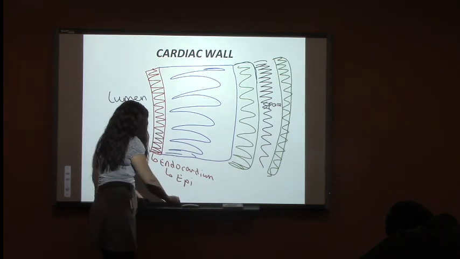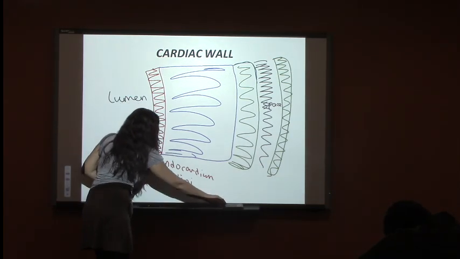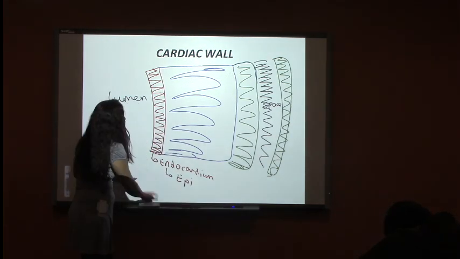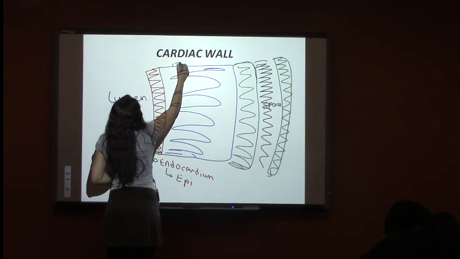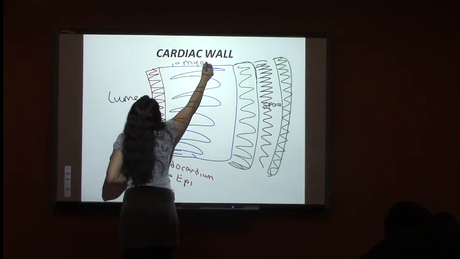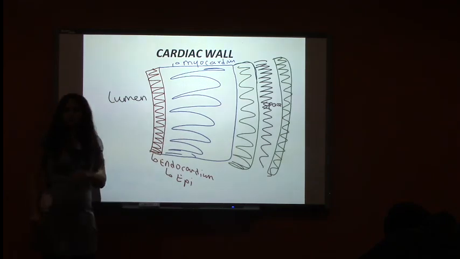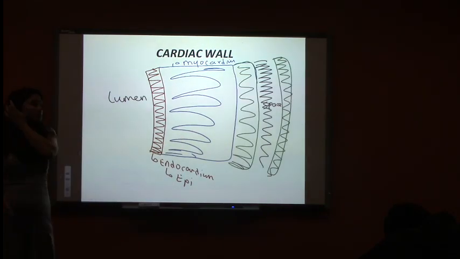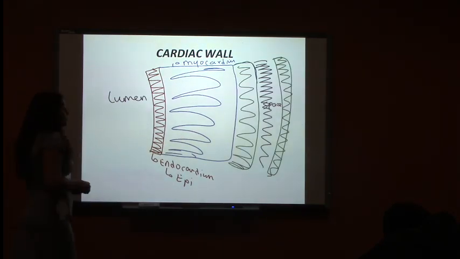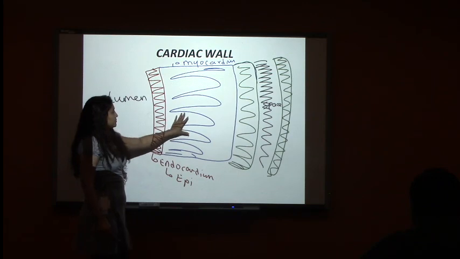Now, the second layer is myocardium. It's the thickest layer. So it's cardiac muscle. So endocardium, then myocardium.